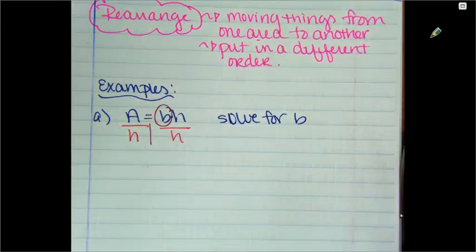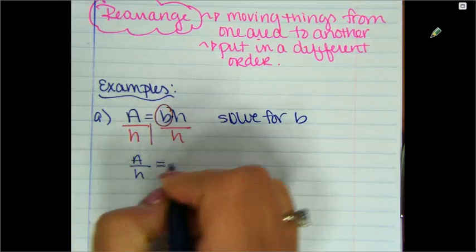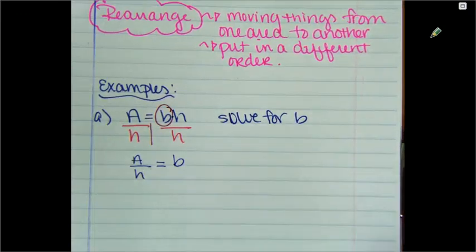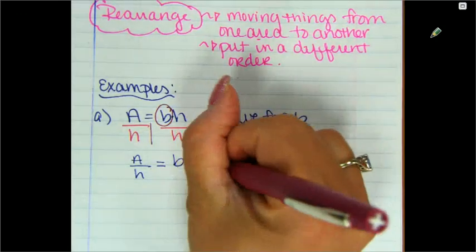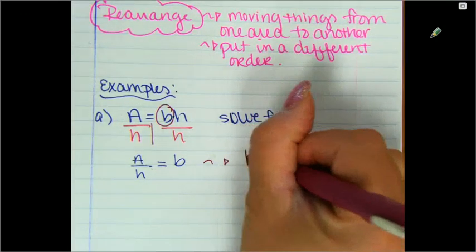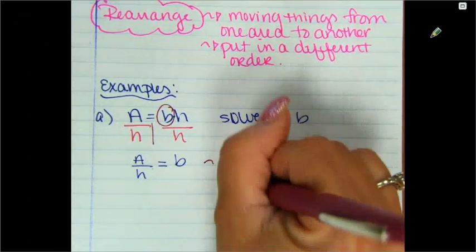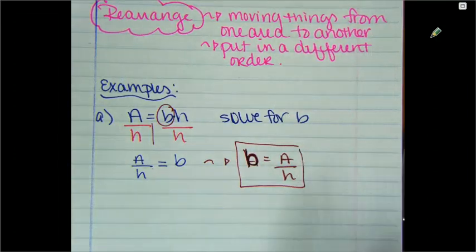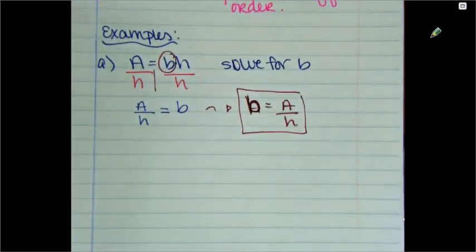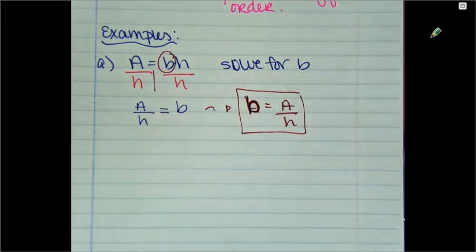No. So we're just going to leave it A divided by H equals B, which is B equals A over H. Notice A is the only capital, B and H are small lowercase. Does that make sense a little bit? We're not really solving, you're just moving things where they need to go.